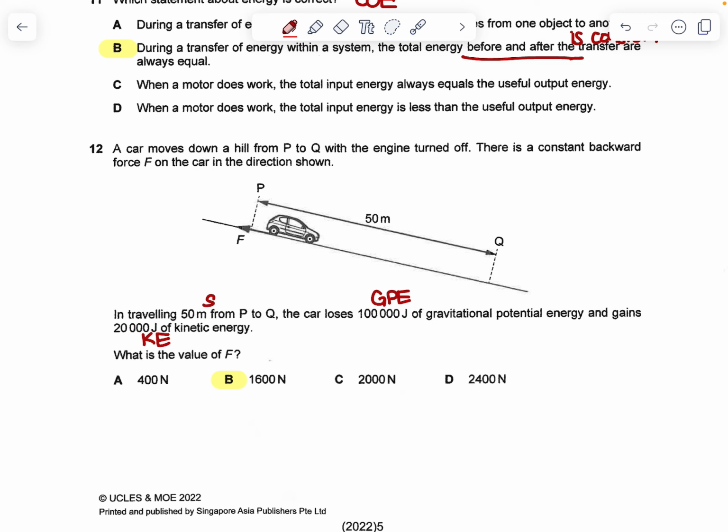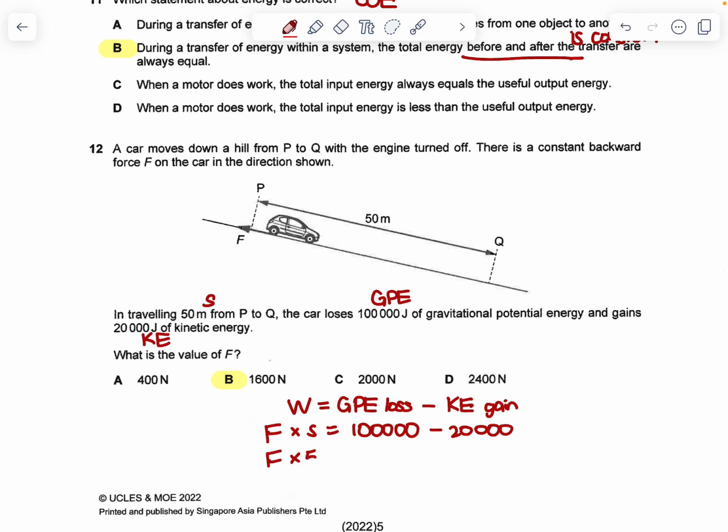So we know that the work done by the friction is the gravitational potential energy loss, because at the start it was on the hill, minus the kinetic energy gain. We know the formula for work done is F times S, displacement, so it's equal to 100,000 minus 20,000. Since S is given to be 50 meters, you get this equation and you can find F.